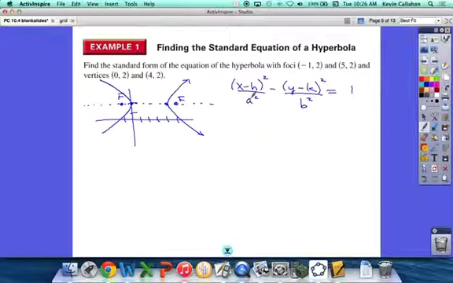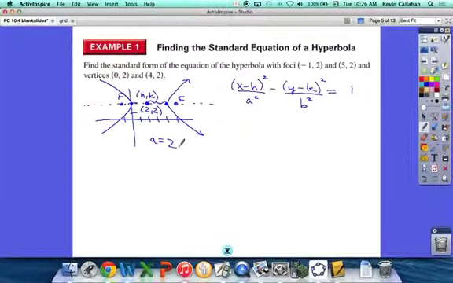What is the center? Halfway in between the vertices or the foci would be 2, 2. There's your H, K, which is 2, 2. And the A is the distance from the center to the vertex, which is 2. Looks like A equals 2.